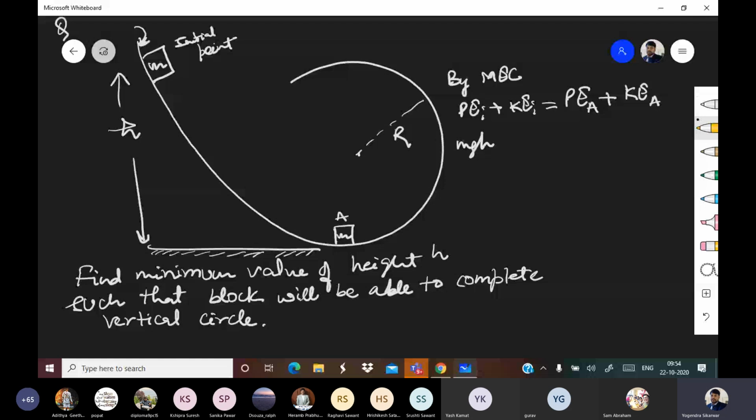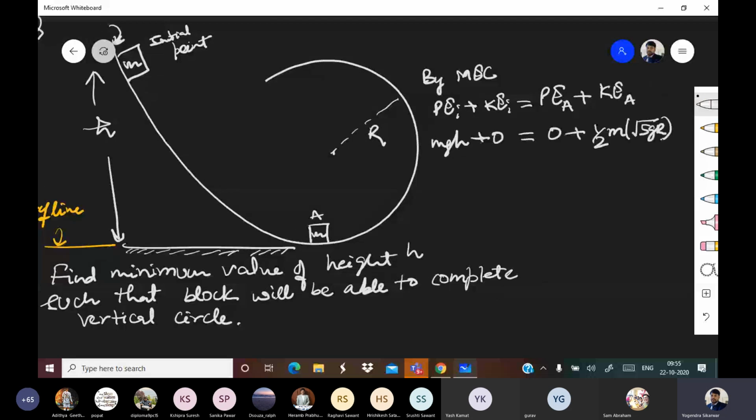If you want, you can directly put VA equal to root 5 gr and your question will be over, because if the velocity at this point becomes root 5 gr, then our task is finished.